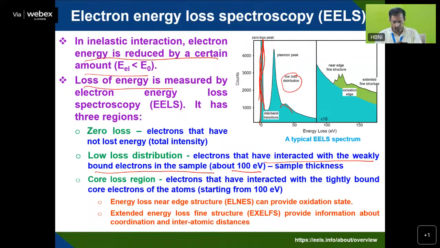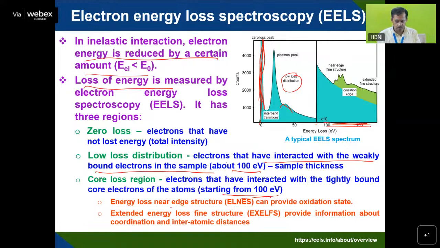Because of that interaction, the energy starts from 100 electron volt and goes higher, and you get the core loss information beyond 100 electron volt. In between you can get a plasmon peak because of this electron interaction. In the high energy loss region, like in X-ray, we get the near edge fine structure and the extended fine structure.